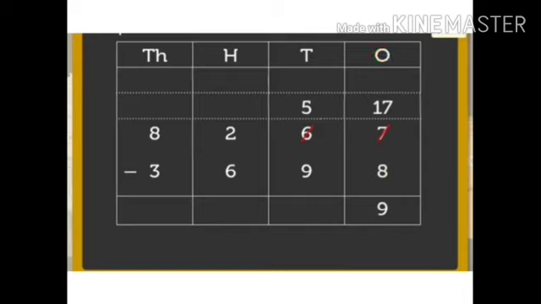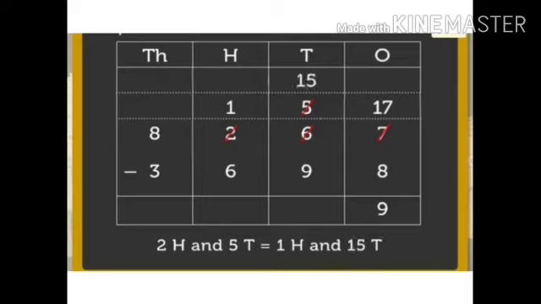Step 2. 5 is lesser than 9. Borrowing 1 hundred from 2 hundreds. So, 2 hundreds and 5 tens is equal to 1 hundred and 15 tens. Subtracting 15 tens minus 9 tens is equal to 6 tens. So, write 6 under the tens column.